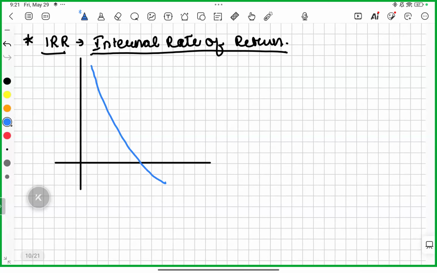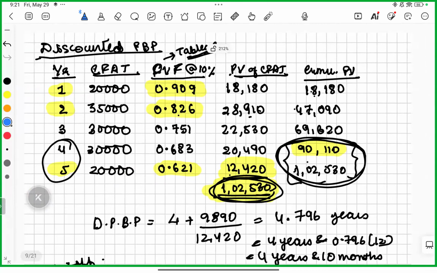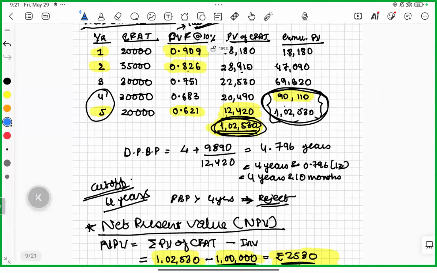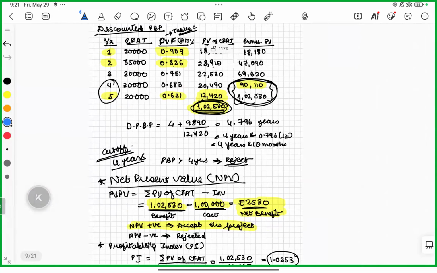Now this is a graph. Here I am taking NPV, and on the x-axis I am taking interest rate or discounting factor or cost of capital R. Okay. Now you have studied NPV here. Okay. Now NPV and discounting factor, they have an inverse relationship.